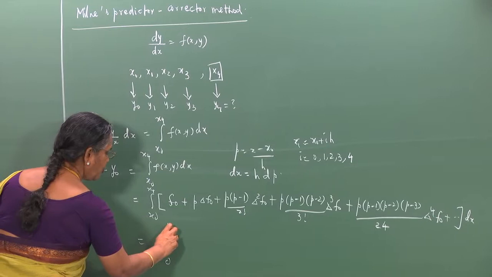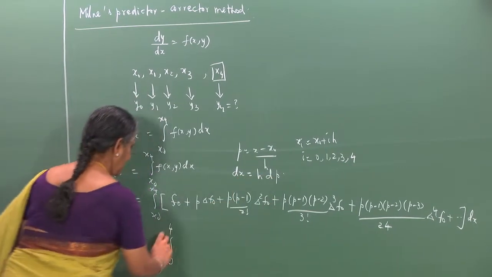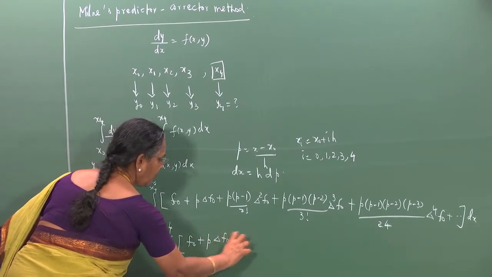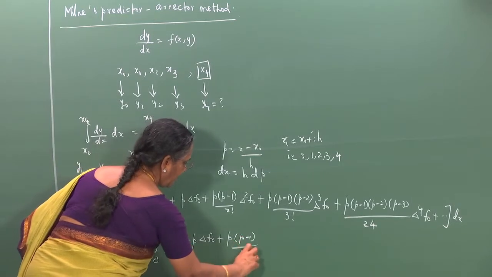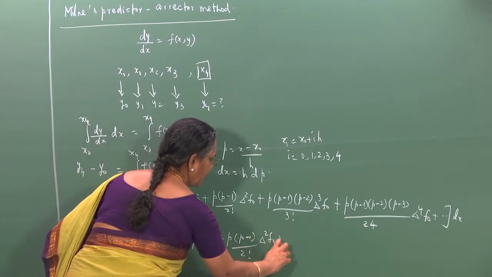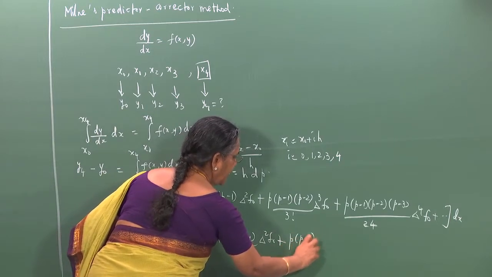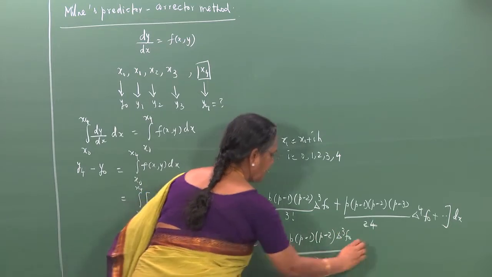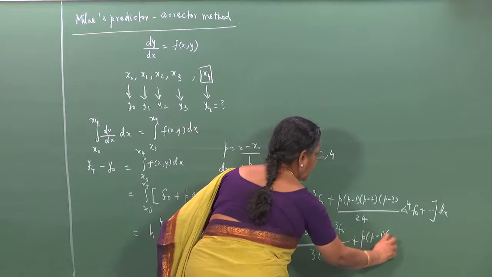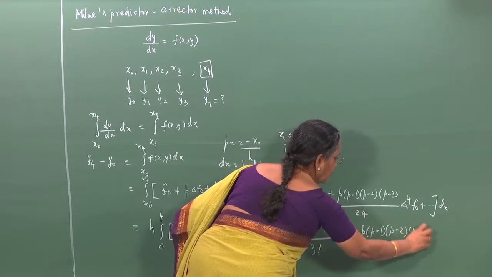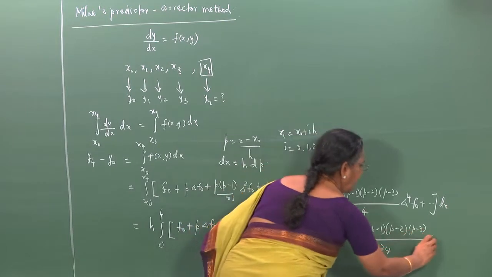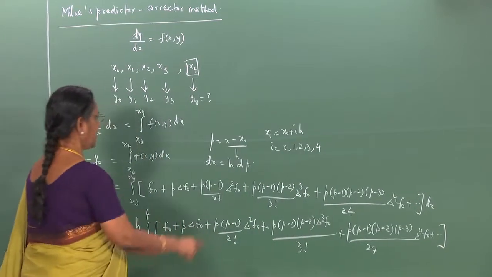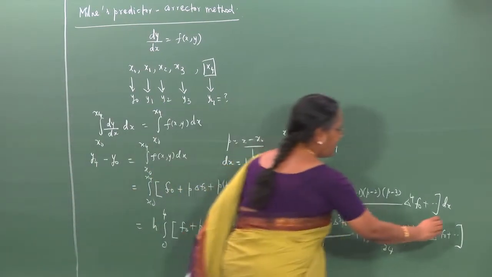So, it is 0 to 4, and since dx is h dp, so this will be h, and you have f0 plus p delta f0 plus p into p minus 1 by factorial 2 into del square f0 plus the remaining terms as they are, into del power 4 f0 plus etc. Now, integration, as I said, is with respect to p. So, it is dp.